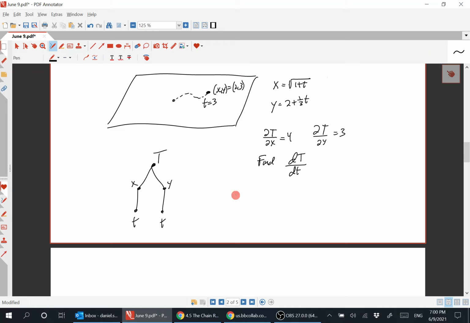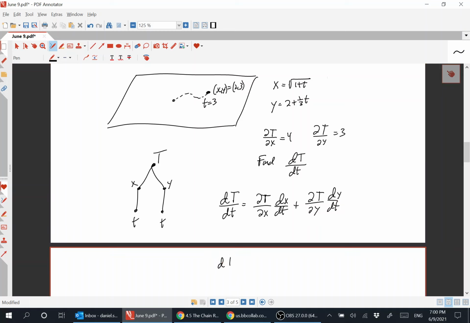Okay, so the chain rule states that the derivative of temperature with respect to time is partial of temperature with respect to x times dx/dt, plus the partial of temperature with respect to y times dy/dt.